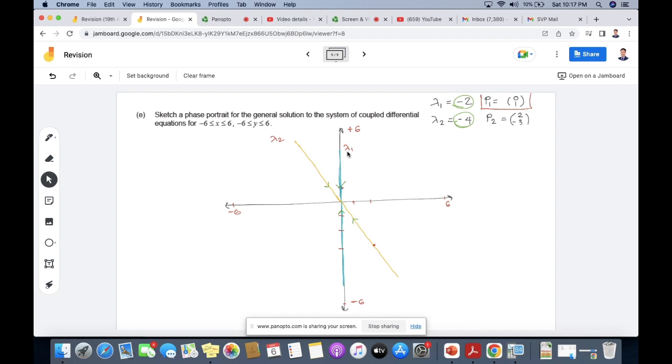Okay, so the face portrait, let's start with the second eigenvalue. Okay, let me check if the green one would be visible. So let me start with second eigenvalue, no?